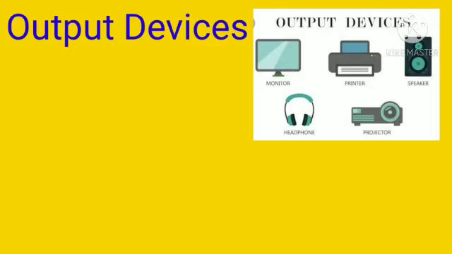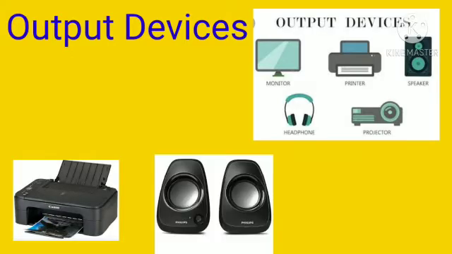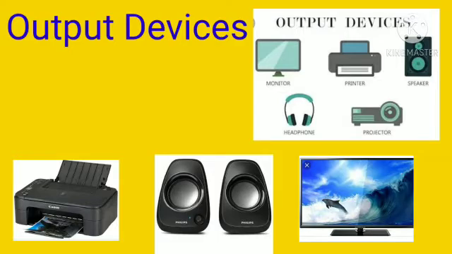The output from the computer may be in the form of printouts from the printer, sounds on the speaker, images on the monitor, etc. There are different types of output devices. Let's learn about these in detail.